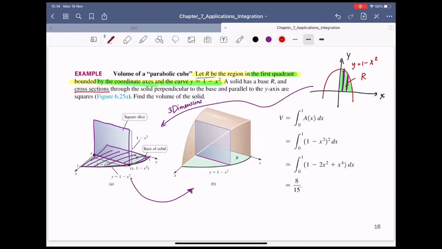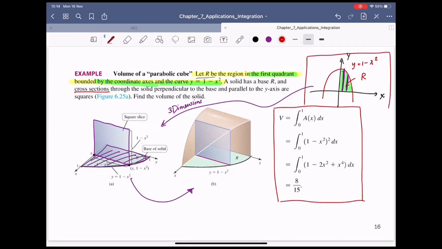What we need from you is to set up the equation and draw the region for the base. If you draw the region R, then you can imagine that your A(x) is going to be 1 minus x squared, then you're done, you integrate from 0 to 1.